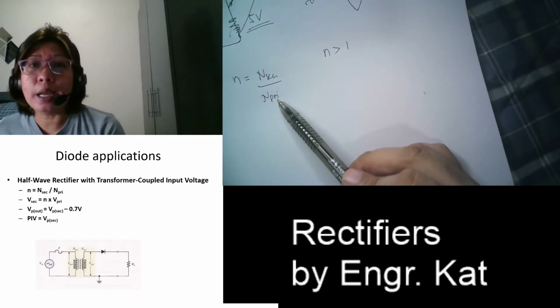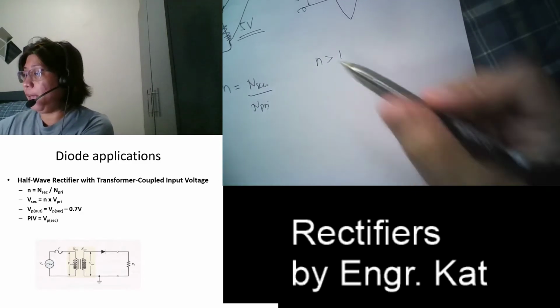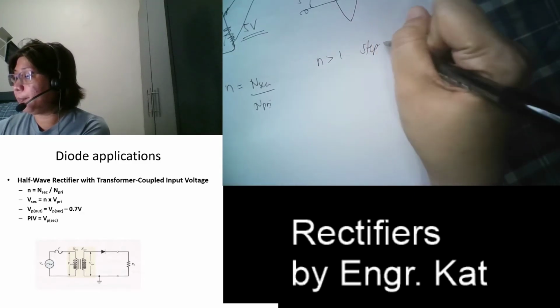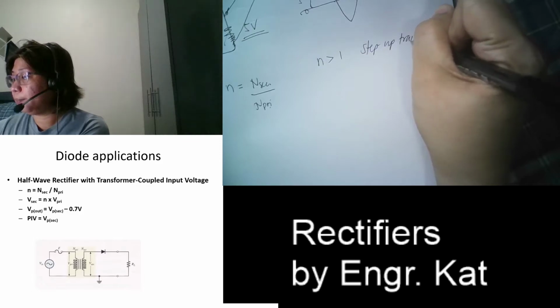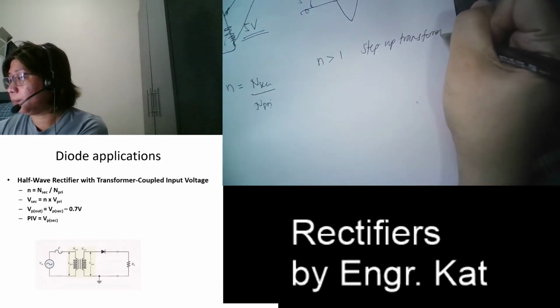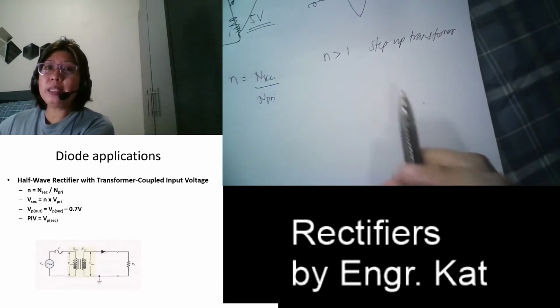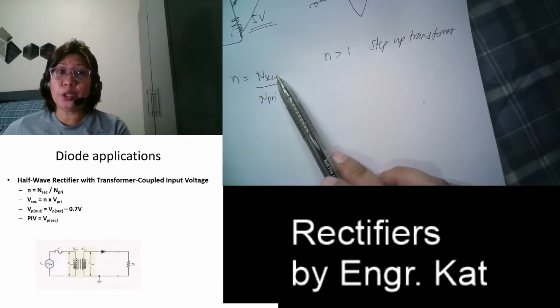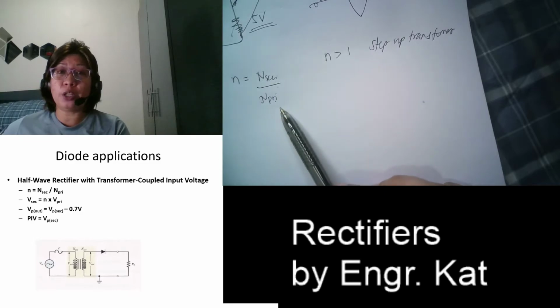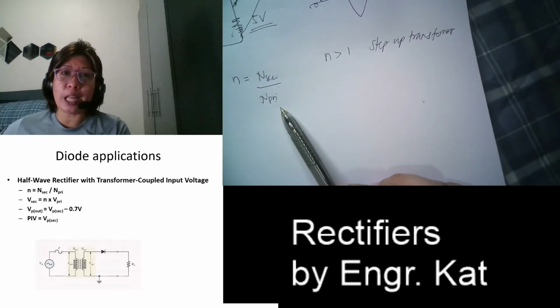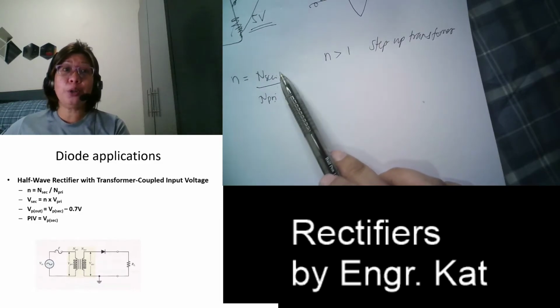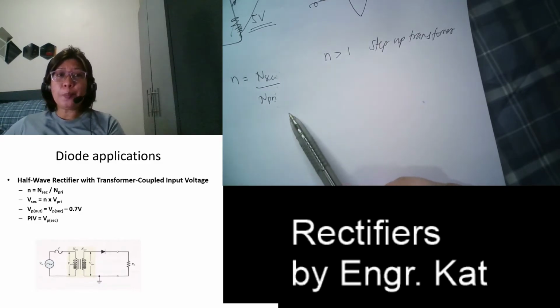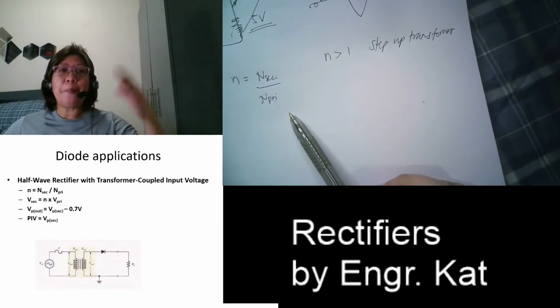Therefore, you have a step-up transformer, since your numerator is greater than your denominator. That means your primary voltage is lesser than your secondary voltage, or your secondary voltage is greater than your primary voltage. So you are stepping up the actual input voltage.